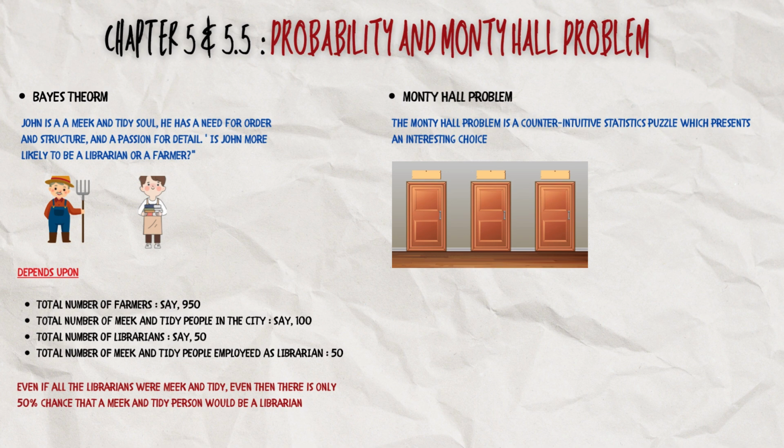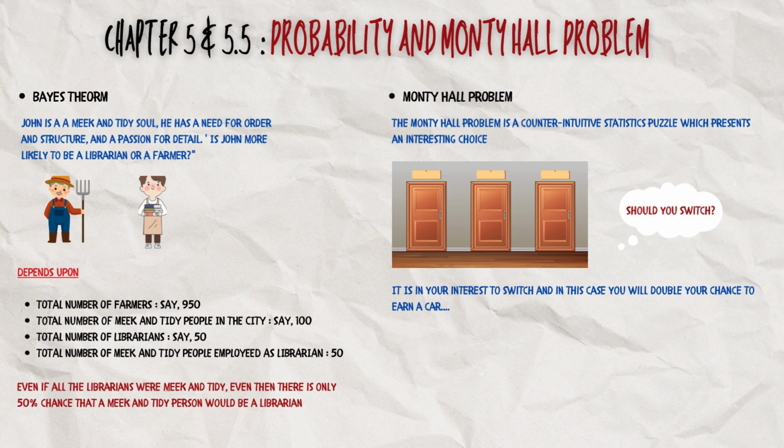And then he offers you a choice. He offers you a chance to switch the doors. That is, while the game show host has revealed that there's a goat behind gate number 3, and your current selection is gate number 1, he offers that you can either stay with gate number 1 or you can switch to gate number 2.